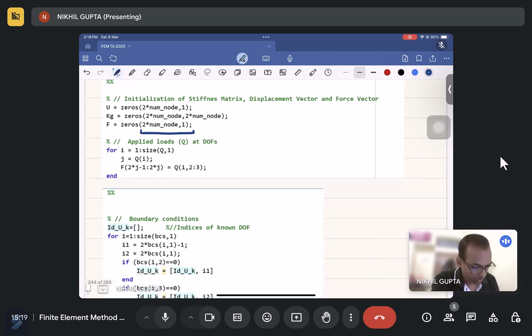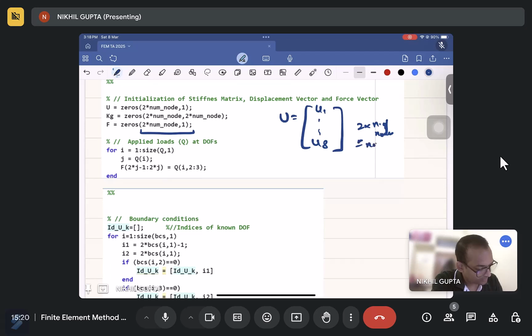The size of u will be the degrees of freedom. If this is 1, we know we have u1 to u8. So what is 8? 8 is 2 into number of nodes, which is the number of degrees of freedom.